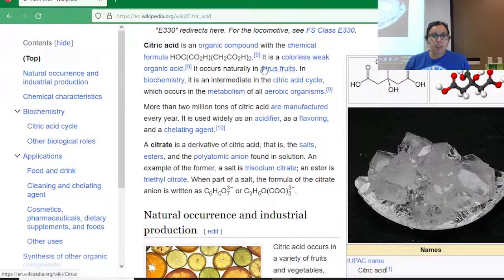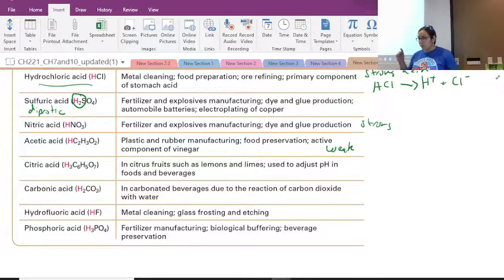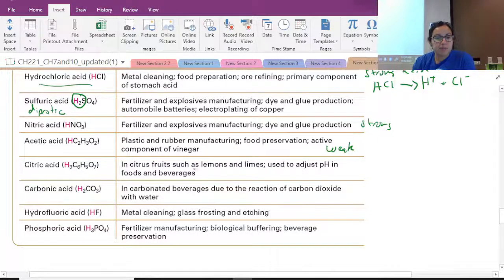And of course that's what gives the citrus fruits their flavor, or like those lemonade packets, those have citric acid. Did you guys get any Zotz candy from upstairs? That had citric acid in it. All the candy is basically citric acid. So a lot of candy production.